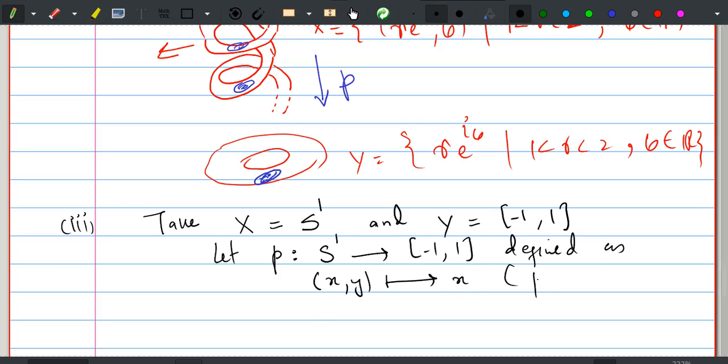So actually this is the projection on the x-axis.